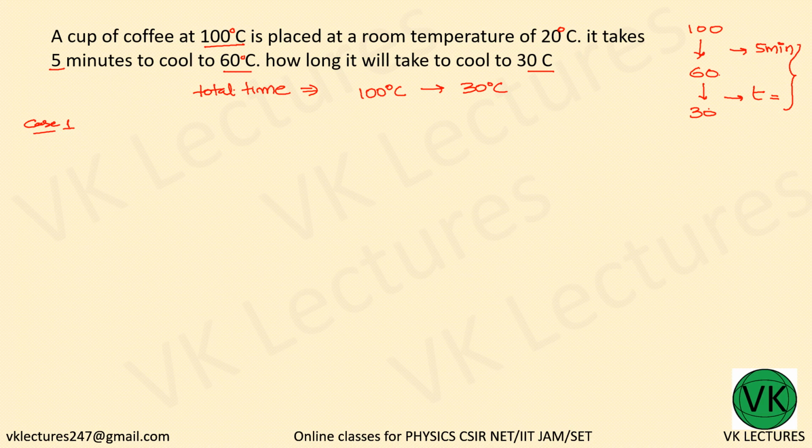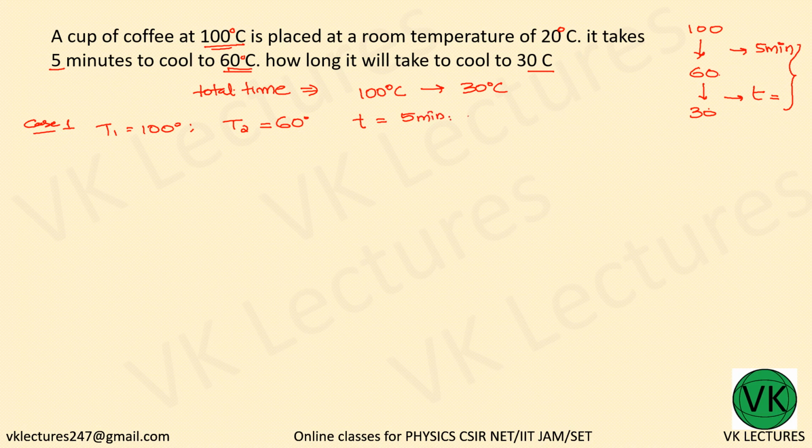Okay, so case 1 means the first part, that means the coffee is being cooled from 100 to 60 degrees Celsius. So T1 will be equal to 100, T2 will be equal to 60 degrees, and the time taken for that duration is 5 minutes.